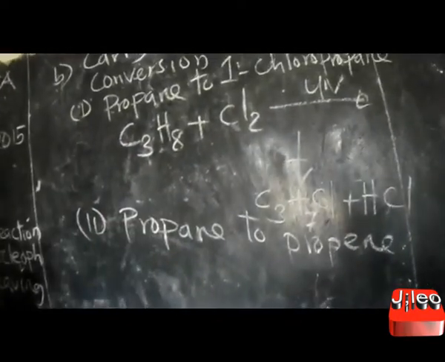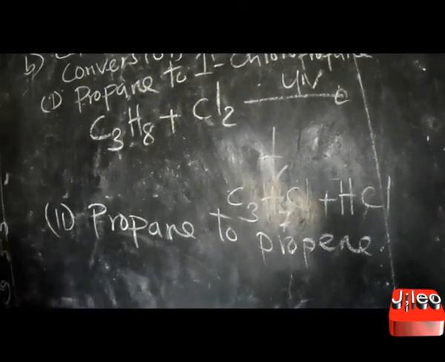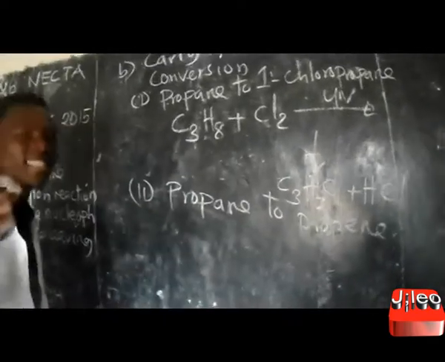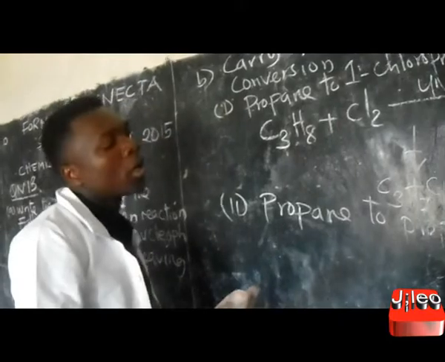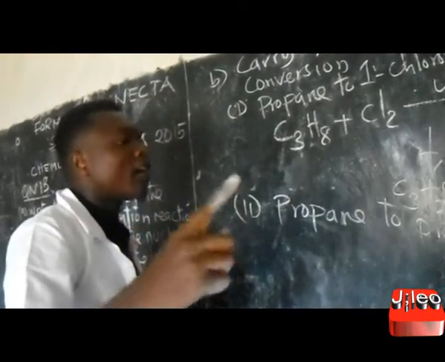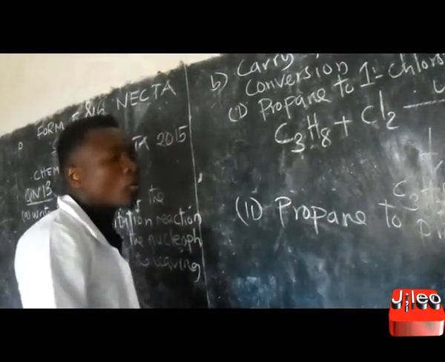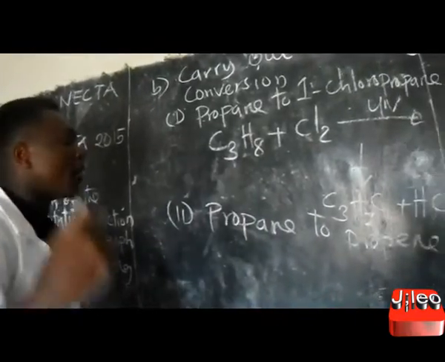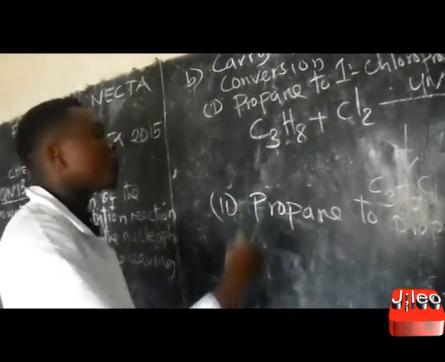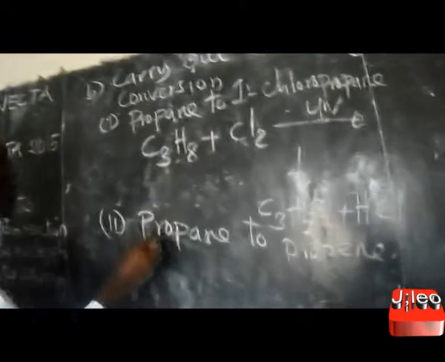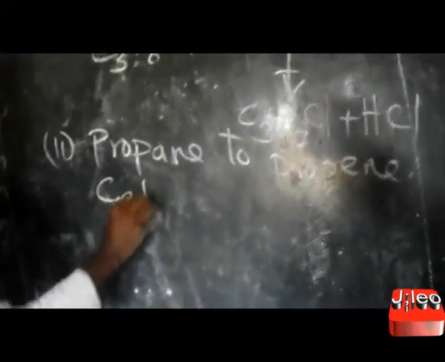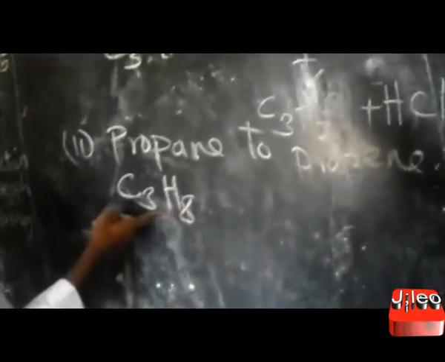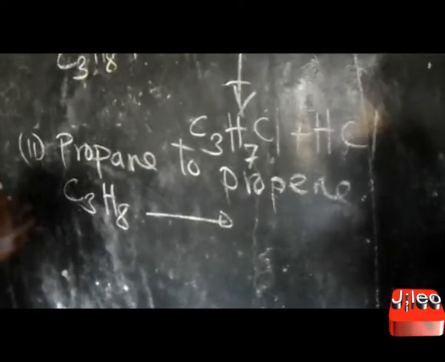So we have to write the hydrocarbon formula here, the condensed structure, because we have two types of structure. We have an open structure, but also a condensed structure. But we prefer using the condensed structure. So now here we shall have C3H8. Then we have to convert this into C3H6.